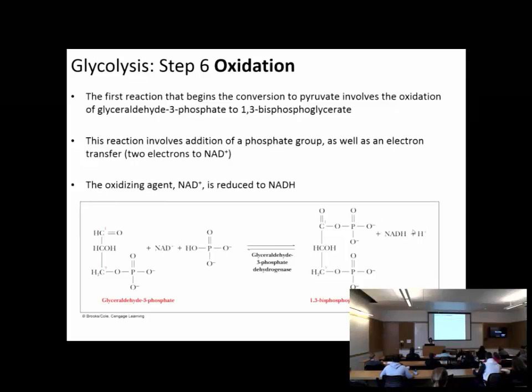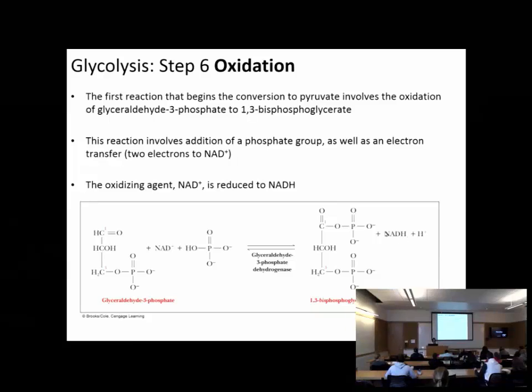And we're going to be able to get, for every NADH, 2.5 ATPs. So that's the exchange rate. So we will see that out of an oxidation, we get some money, even though we have to change it in. So that is step number 6.